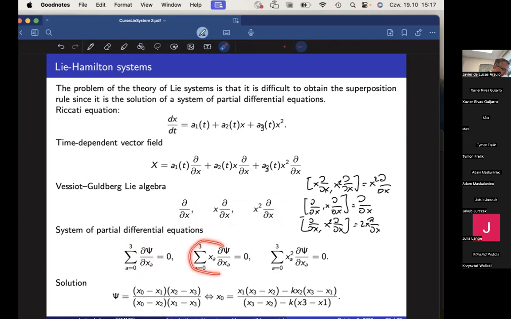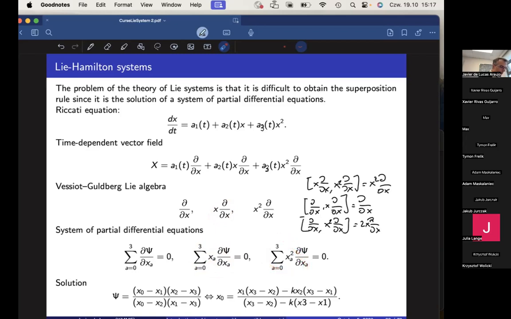And this thing in here is just the prolongation to R4 of this vector field. It's the same. Each piece of this is exactly this vector field written with another coordinate corresponding to each copy of R in R4. And the same applies to this.